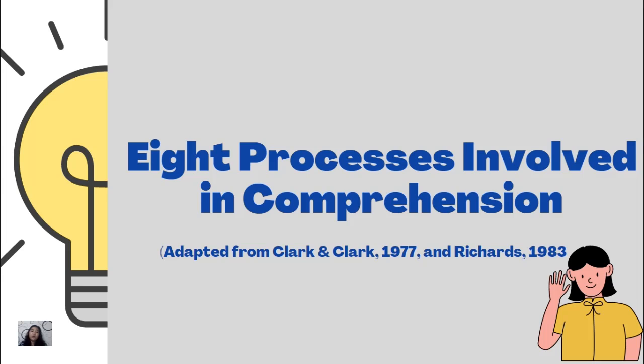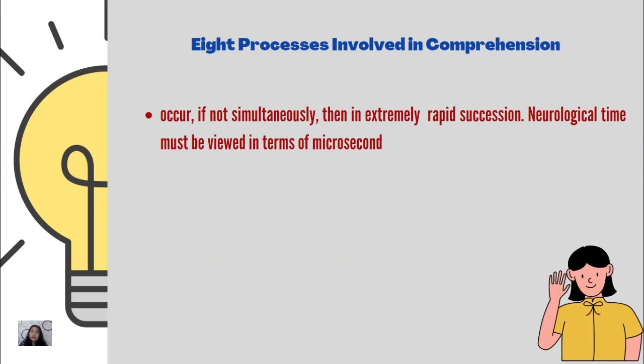The following eight processes occur, if not simultaneously, then in extremely rapid succession, and in neurological time must be viewed in terms of microseconds. It is so fast that we cannot even think that we are decoding messages.